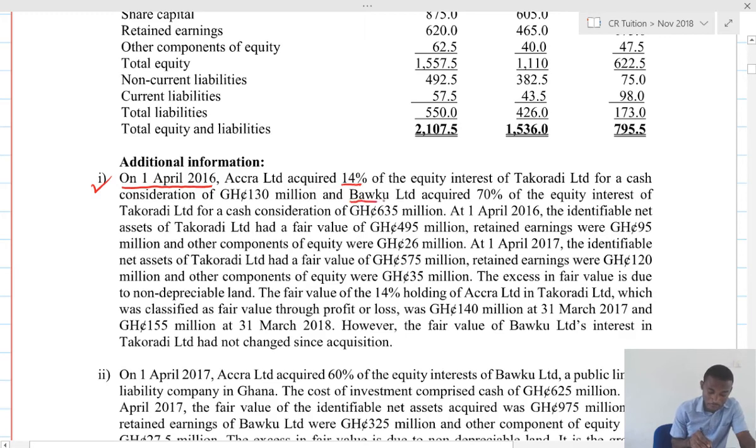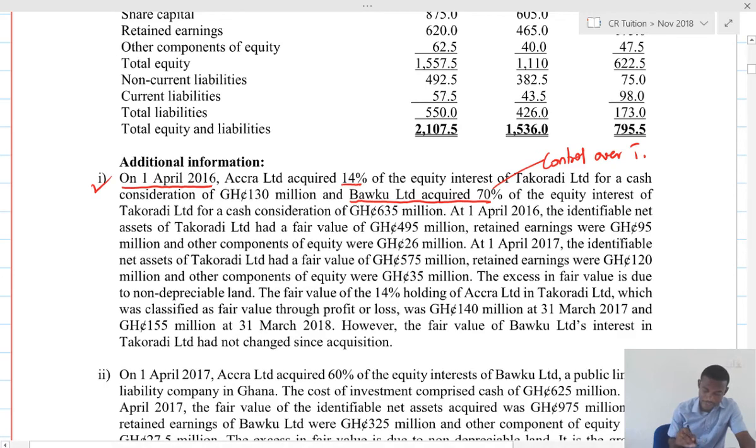And Boko acquired 70% of the equity interest of Takrady for cash consideration of this. So on that same date, that is control over T. At 1st April, the identifiable net asset value, that's not relevant.